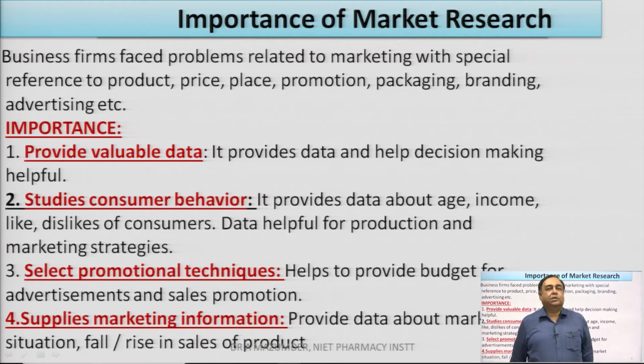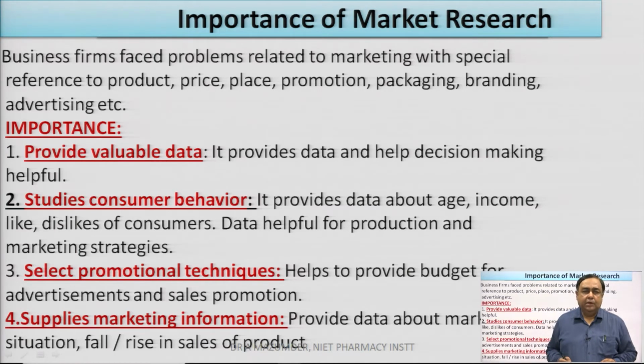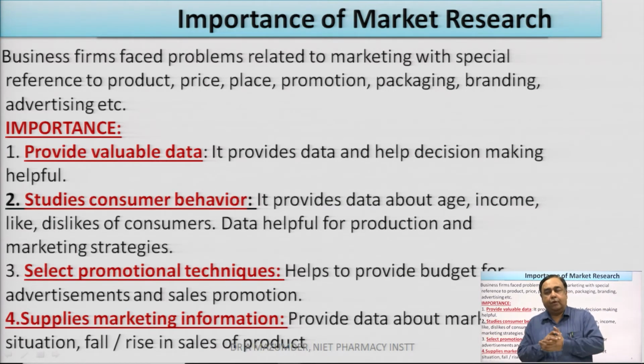So, market research provides you information about the age, income, likes and dislikes of the consumers. Now, what will you do with this data? This data is helpful for supplying feedback to the production team, so that they can prepare their product, or modify an existing product as per that particular feedback.